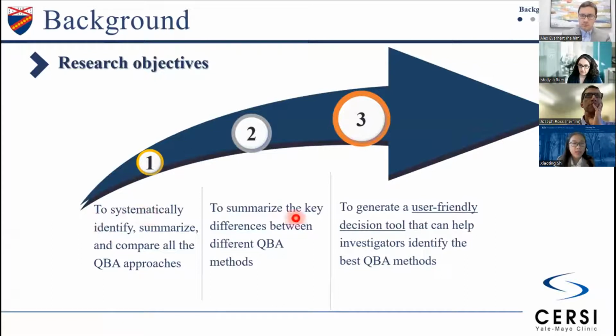And second, to summarize the key differences between the different QBA methods in terms of their required parameters, their assumptions, strengths and limitations, etc. Our ultimate goal is to develop a user-friendly decision tree that can help investigators identify the best QBA methods for their study.